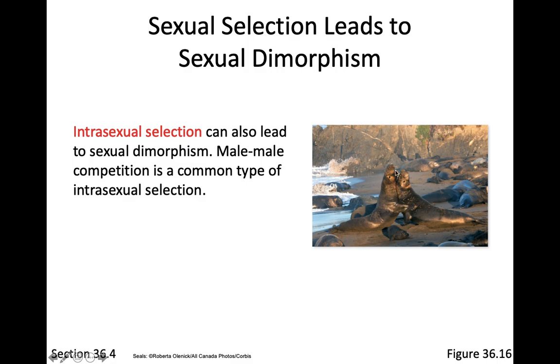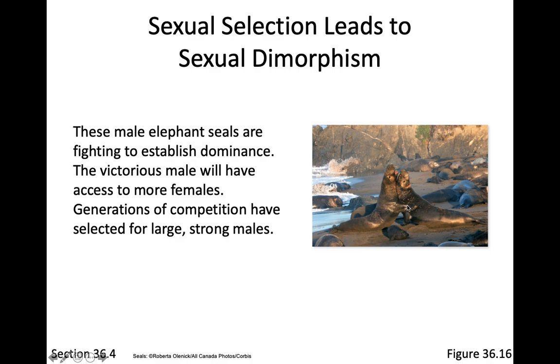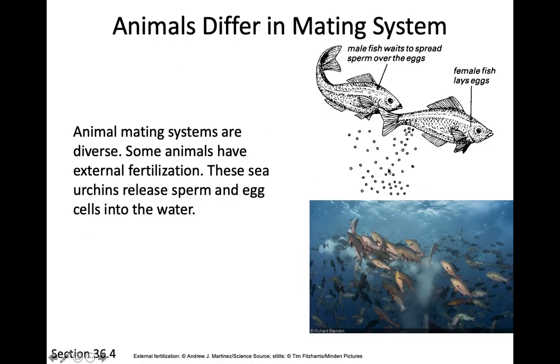In this case, the bigger male is going to win, the male with the larger hump or the larger antler that was able to push the other male away. That's going to lead to larger antlers for males, larger humps to push with, larger tusks and things to push your opponent away or to damage your opponent. So that's how this one works.